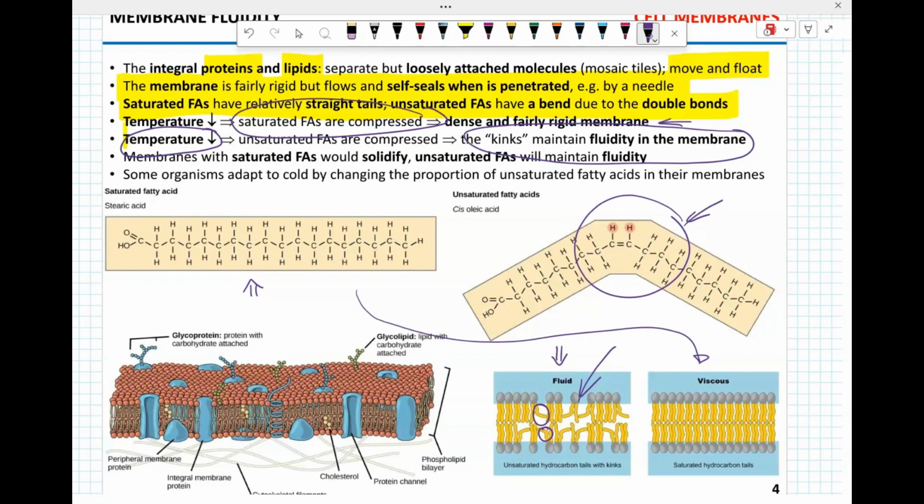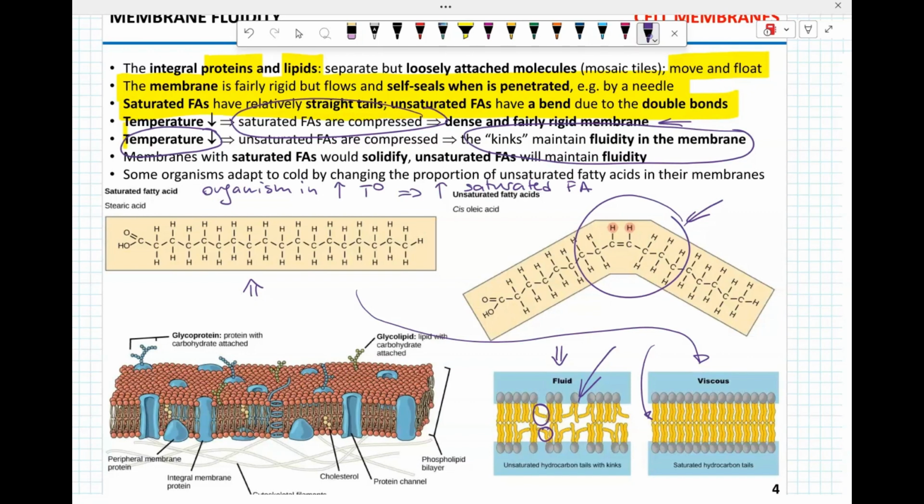In other words, microorganisms that exist in environments with higher temperature will contain phospholipids with more saturated fatty acids. So, if an organism normally exists in a greater temperature, it will contain greater proportion of saturated fatty acids.